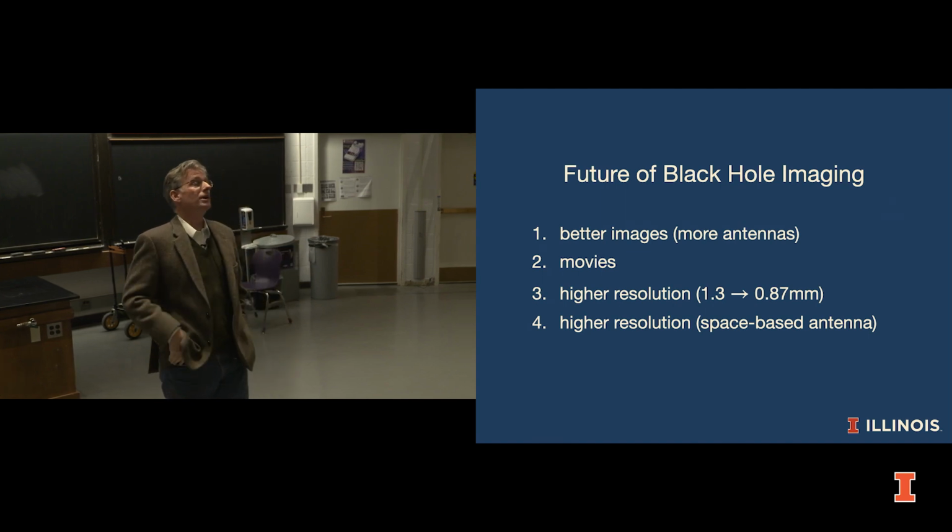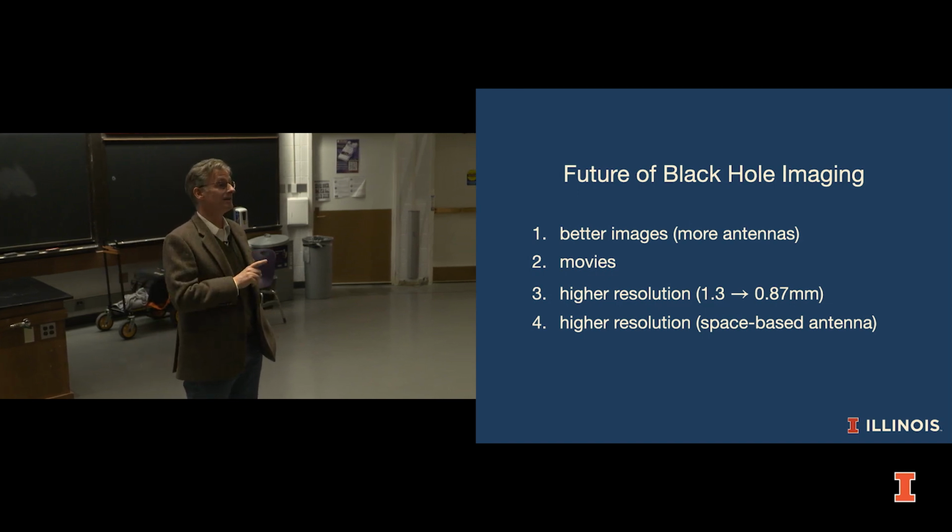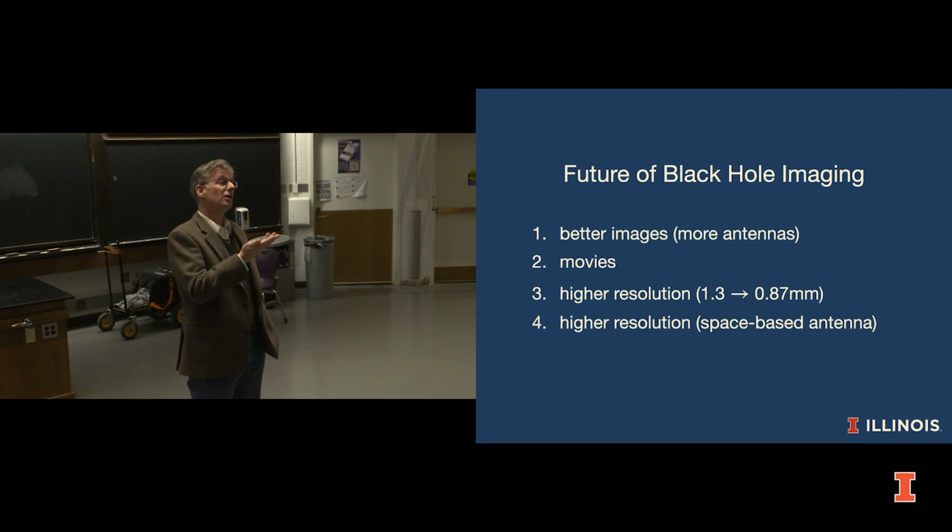So both antennas have to operate at the same wavelength. You could go to a shorter wavelength in space. As you say, you're not limited by the Earth's atmosphere. But then you might have to fly 2 or 3 or 4 antennas in space. So then you're talking about $2 or $3 or $4 billion.